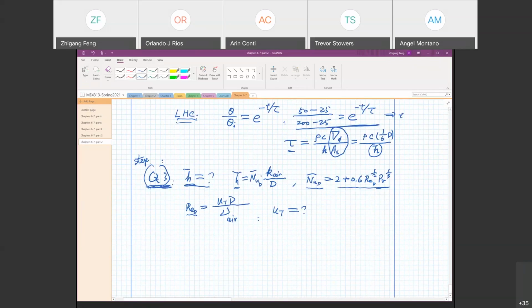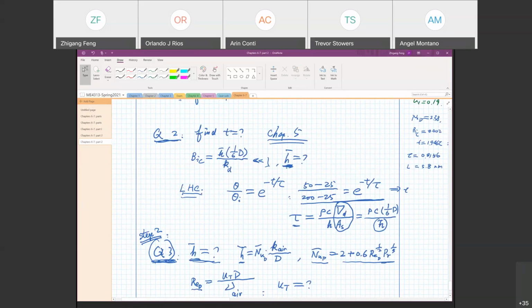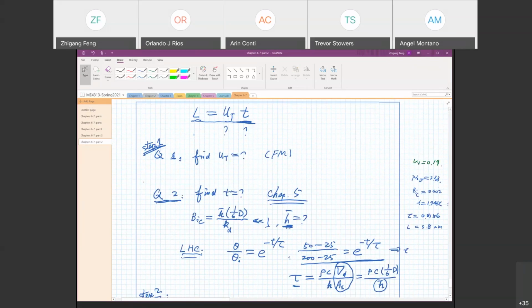And step two, find the H value. And step three, find the time required, find the t.